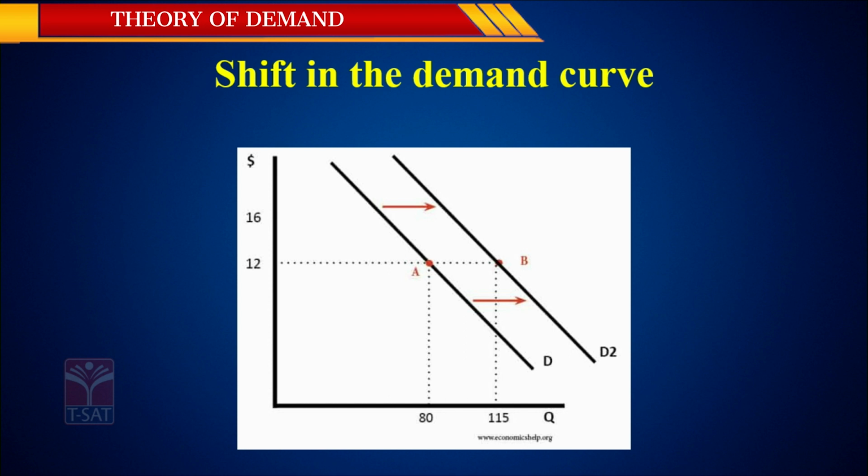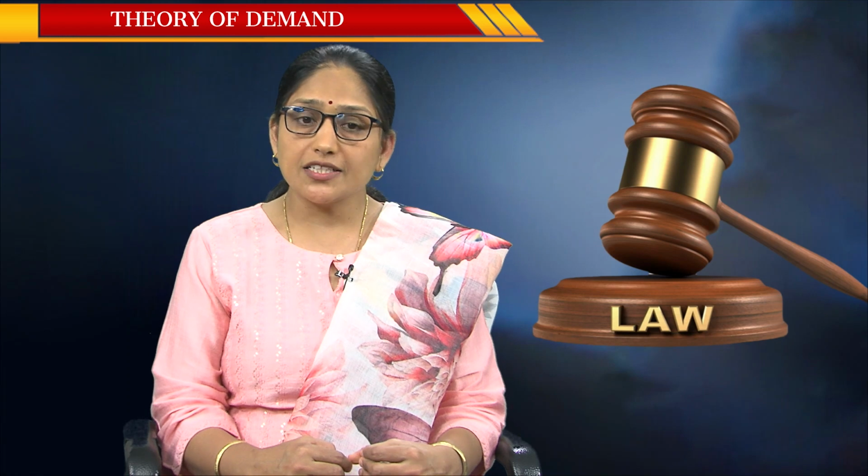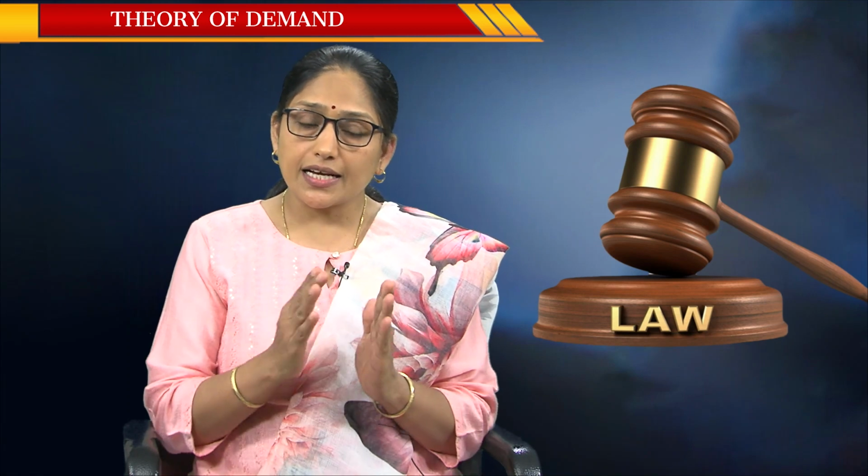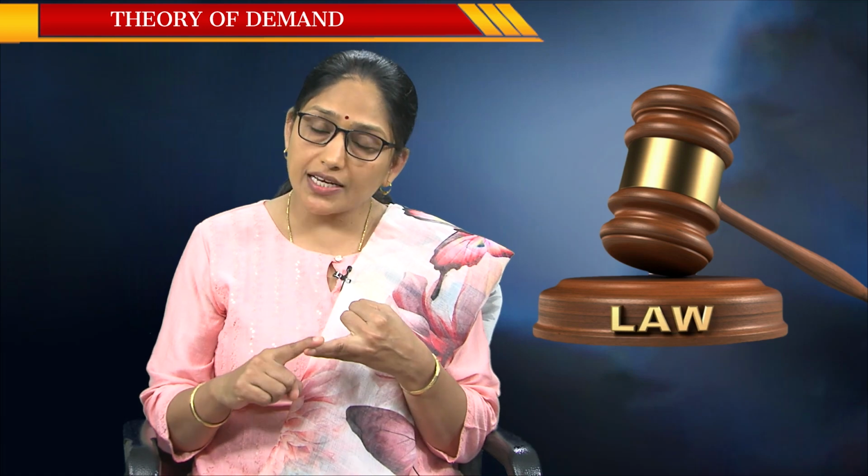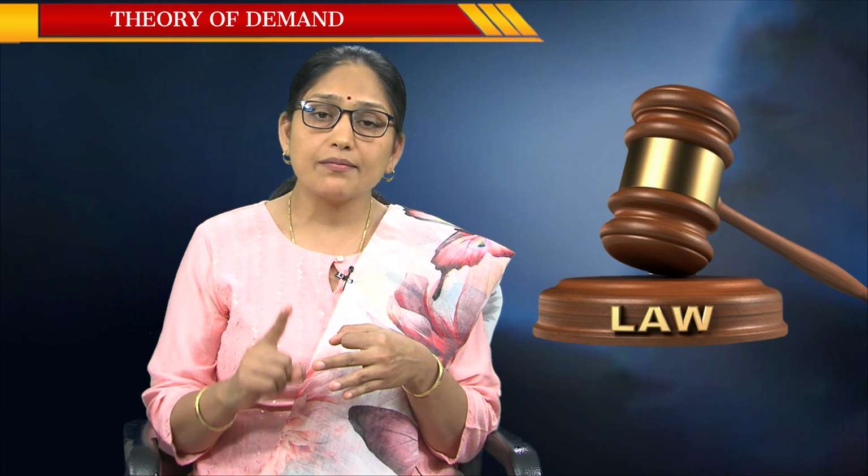For example, when the income of the consumer has increased, the demand curve will shift towards the right side, and at the given prices, the consumer will demand more goods. So here, other things remaining constant. Here we are assuming that the price of the goods, price of the related goods, taste and preferences are constant, and only income is changing, and due to the change in income, your demand is changing.